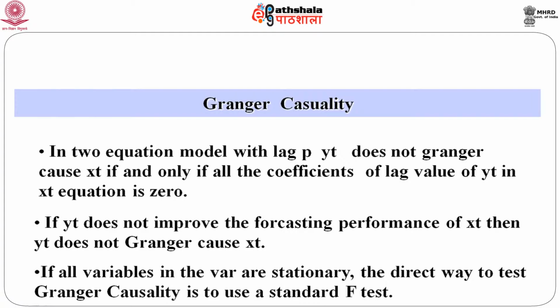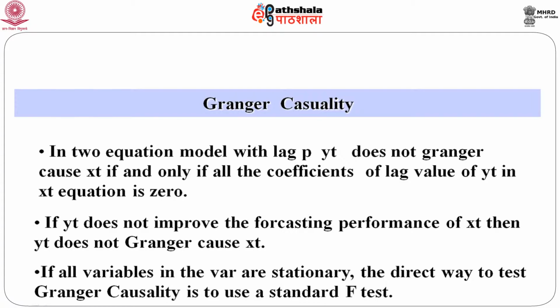If all those coefficients are 0, then we are claiming that past values of yt are not causing the future values of xt. That is, the past values of yt are not affecting the current value of xt. If yt does not improve the forecasting performance of xt, then yt does not Granger cause xt.